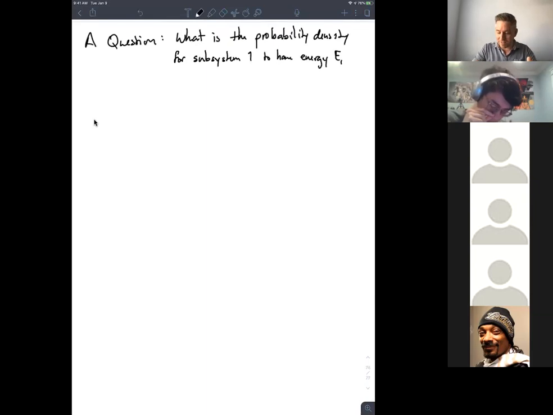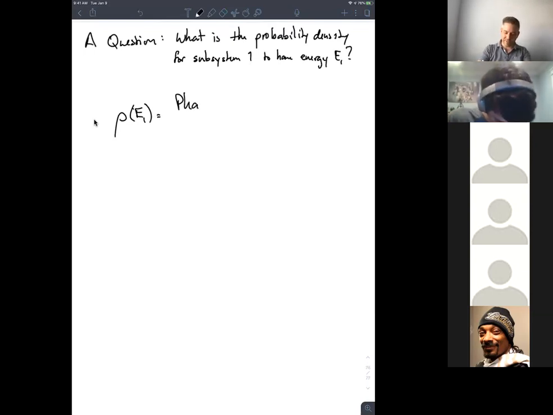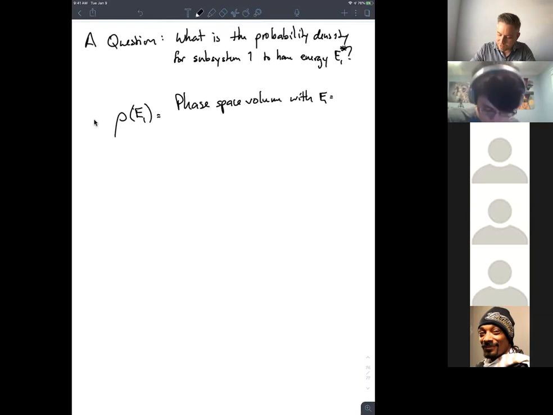Okay, and the answer is exactly the same as it was when we talked about the ideal gas. So this probability density, which I'm going to call rho of E1, is just equal to the phase space volume, okay, with, let me call this specific value E1 star, so that's the phase space volume with E1 equal to E1 star and E2 equal to E minus E1 star.